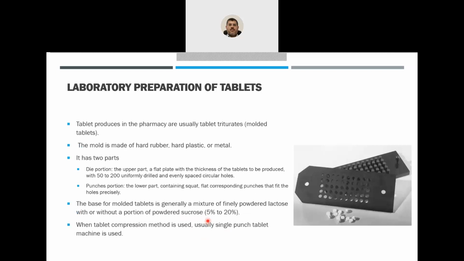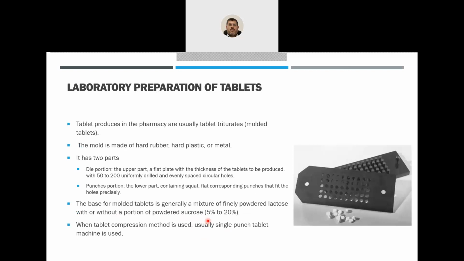So how about production of tablets in the pharmacy? In pharmacies, especially in Malaysia and many countries, not including the US. In the US, usually they have manufacturing pharmacies sometimes, and they produce batches of medications inside the pharmacy. In our countries, usually we don't have the licensing for this, and we don't have the market for it.